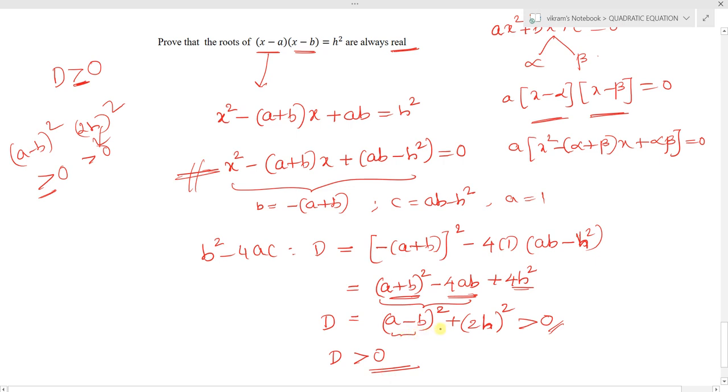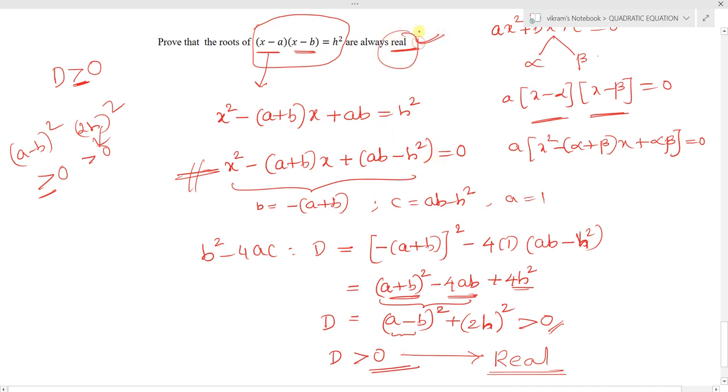Why? Because the sum of the squares is always greater than 0. Whatever the a minus b value, positive or negative, its square is positive only, that means greater than 0. Now the discriminant is greater than 0 means the roots of the given quadratic equation, x minus a into x minus b equals h square, are always real.